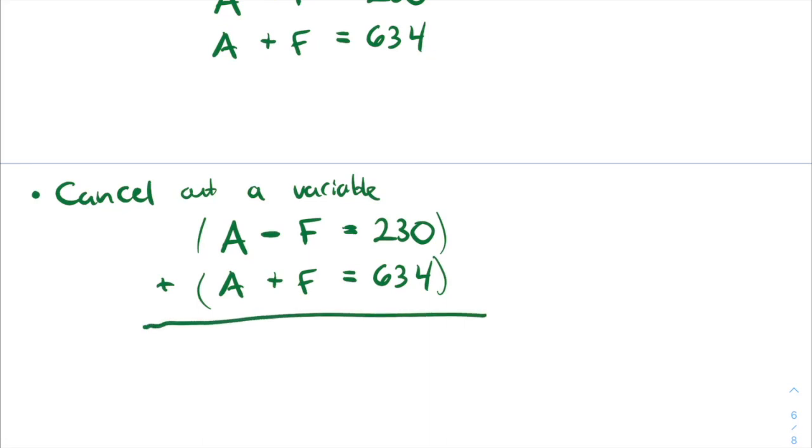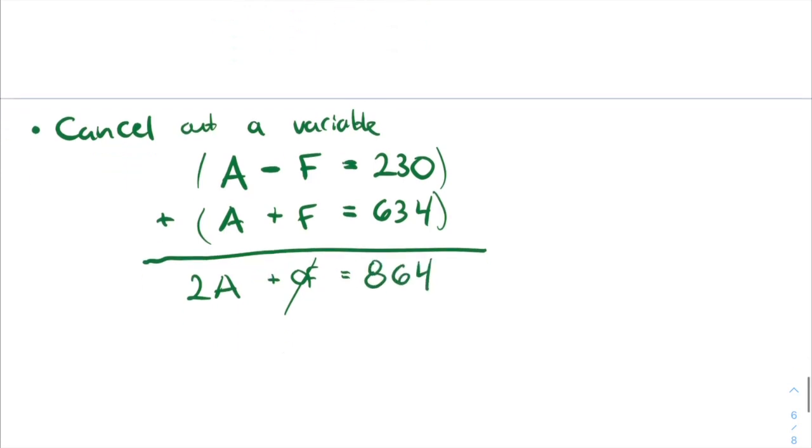A plus A gives me 2 A's. Negative F plus positive F gives me 0 F's. And 230 plus 634 gives me 864. This means that A, the number of votes against, must be 432.